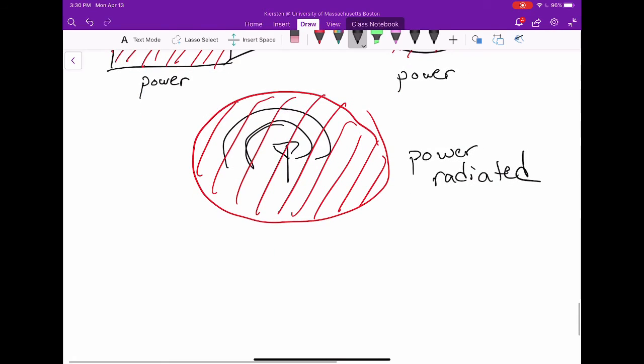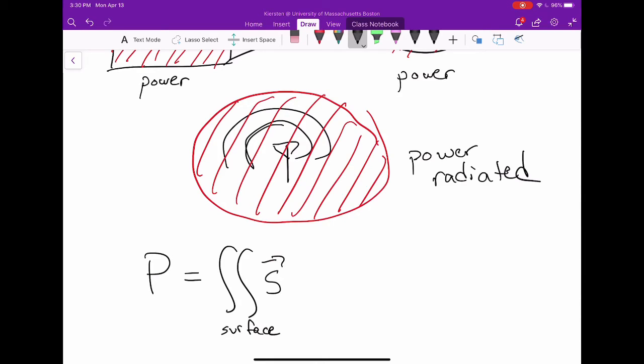The way you do that is whatever power you're trying to calculate is equal to the integral over that surface of the Poynting vector dot the surface normal vector.